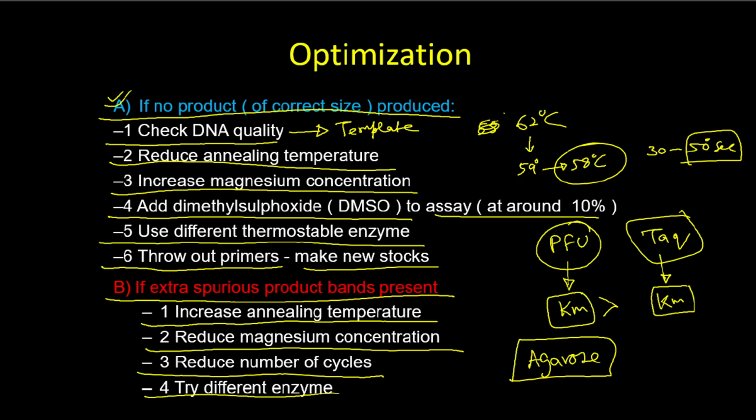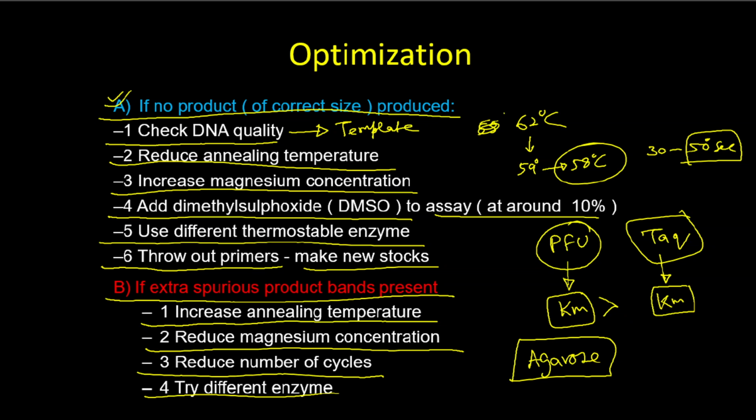Next, in PCR, we have the standard reaction, but sometimes we have to standardize, we have to optimize the reaction according to our gene or our DNA fragment. For that, optimization can happen at these steps. If the gene is getting amplified but the product is not coming at the correct size, it might be a possibility that it is not amplifying your gene, it is amplifying some similar gene, some other gene.